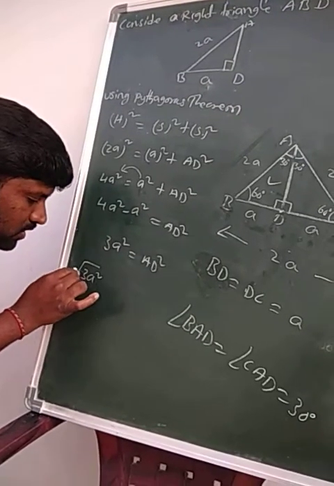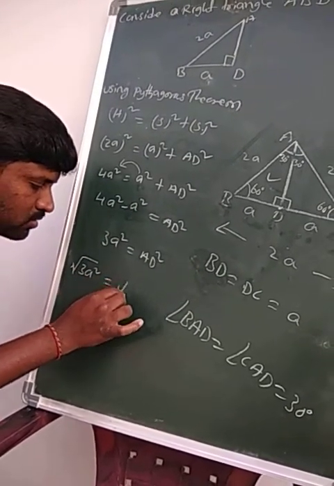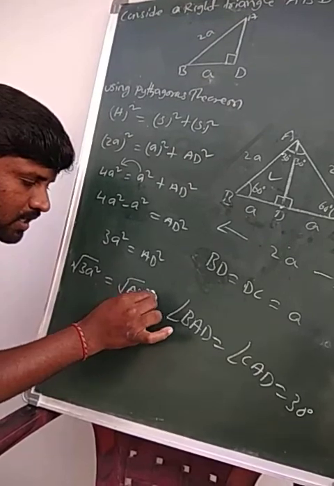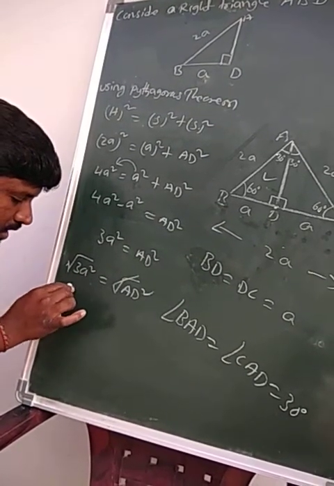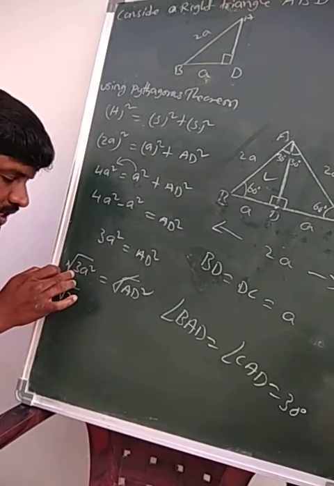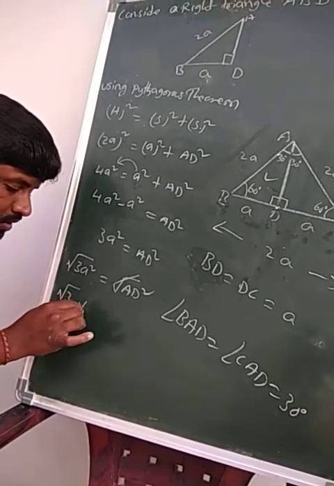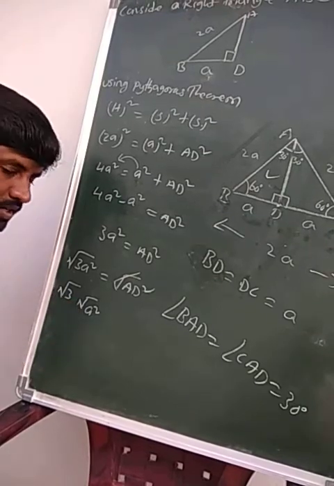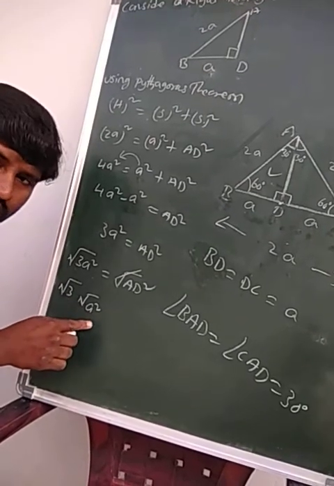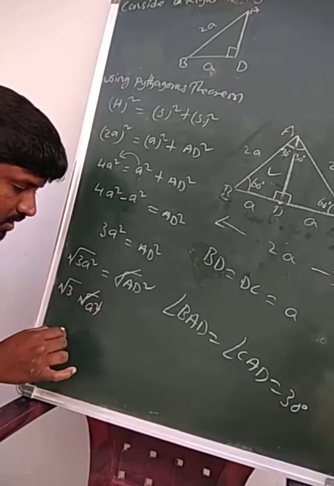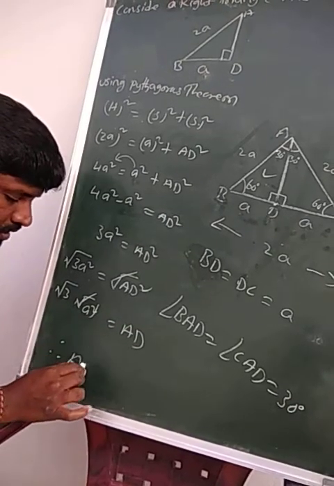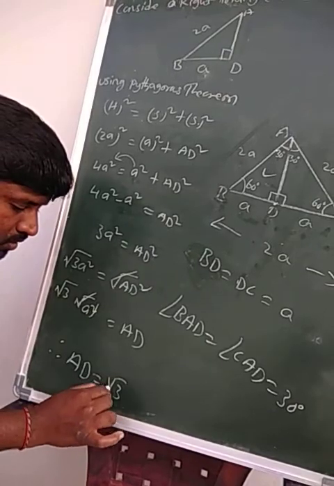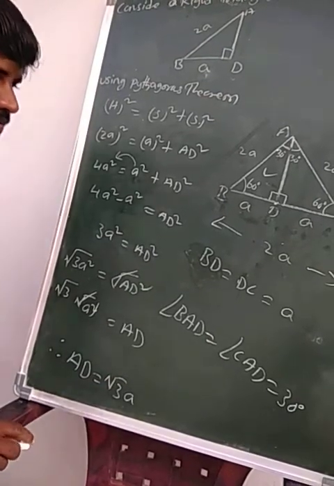Root 3A square is equal to root AD square. Square root cancels. Here applying root separately: root 3 root A square. Then the square root cancels, therefore AD is equal to root 3A.